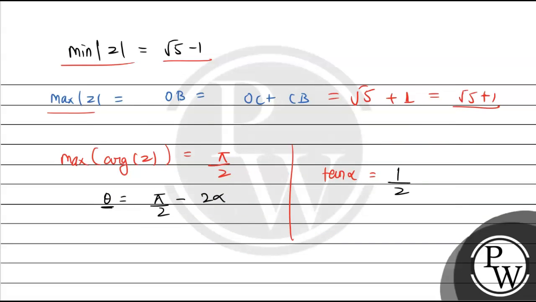Now we can use this tan alpha value to get the argument. So we know the argument of z will be tan of theta. I am calculating it for the minimum argument. Okay, minimum, we have already found the maximum. So for the minimum argument it will be tan theta. So what is theta? Theta is pi by 2 minus 2 alpha.